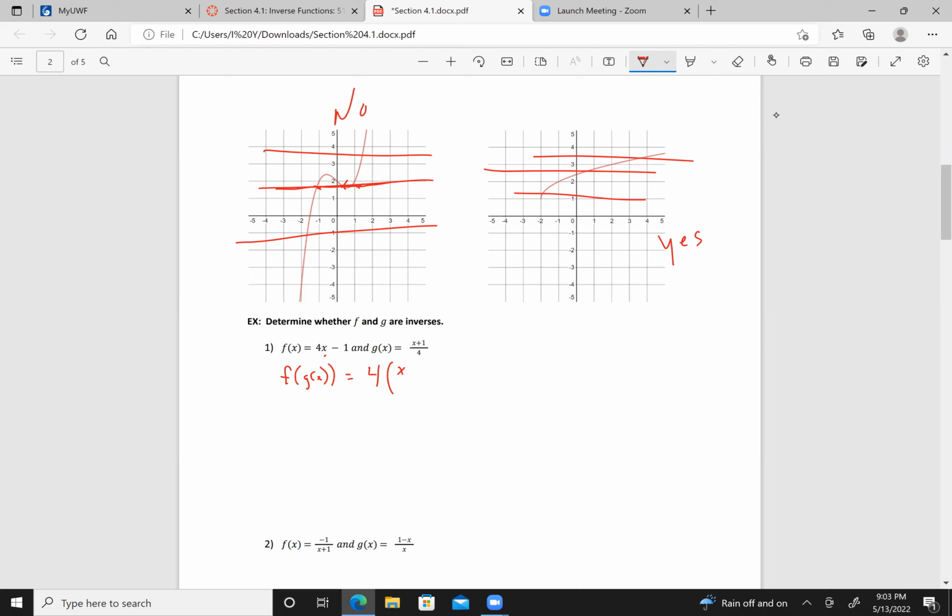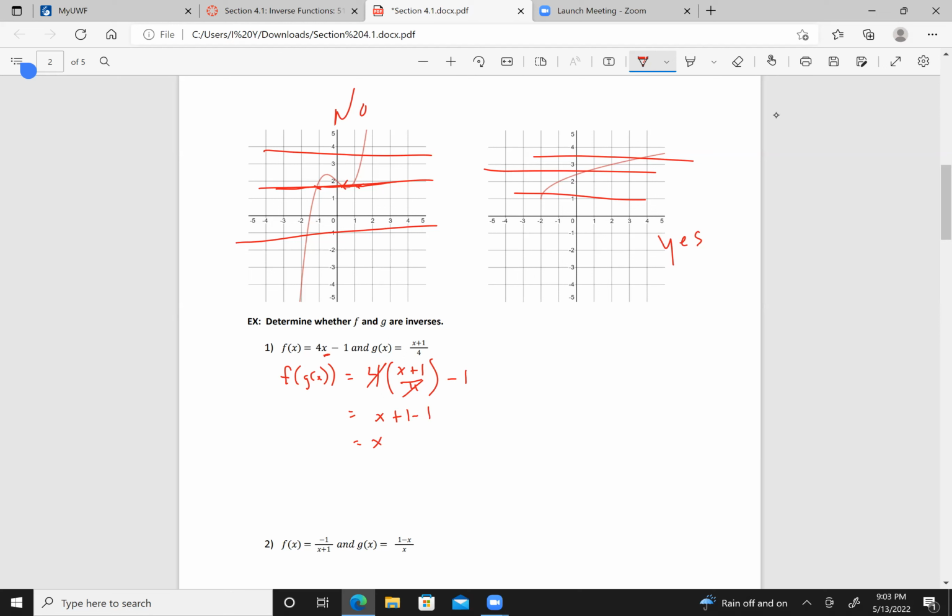So we have 4 times (x plus 1) divided by 4, minus 1. And if this equals x, we're okay. So what do we do? Well, this and this cancel out, and I get x plus 1 minus 1, which is x.